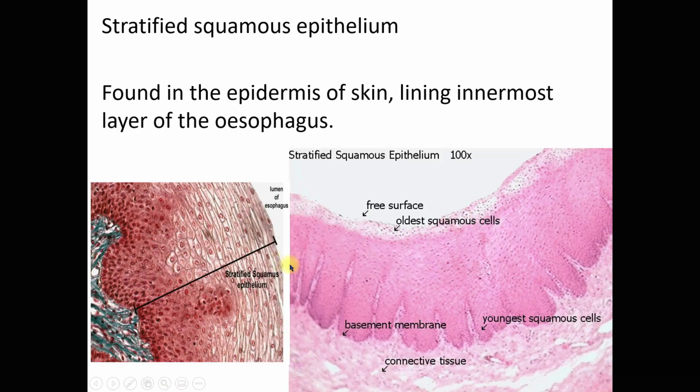So here you can see the stratified squamous epithelium. This is the basement membrane, and these are the stratified squamous epithelium. You can see there are many layers of squamous epithelium here.